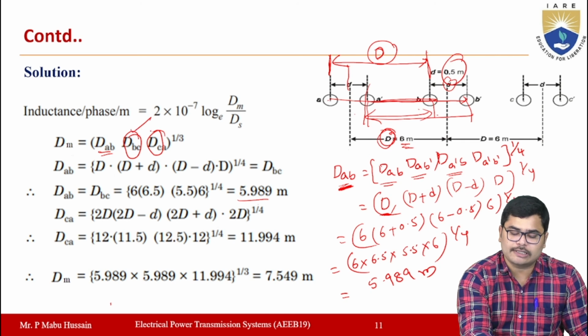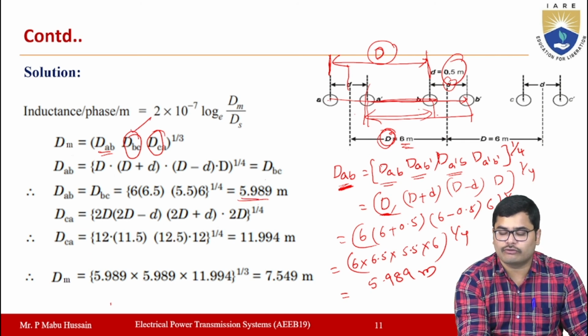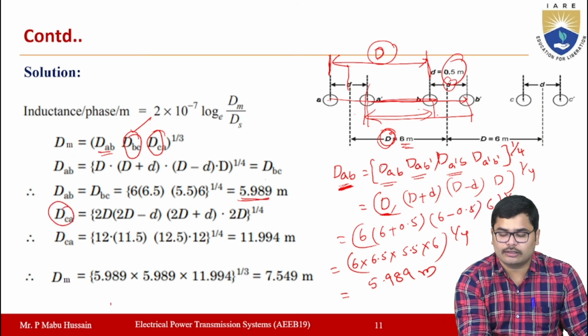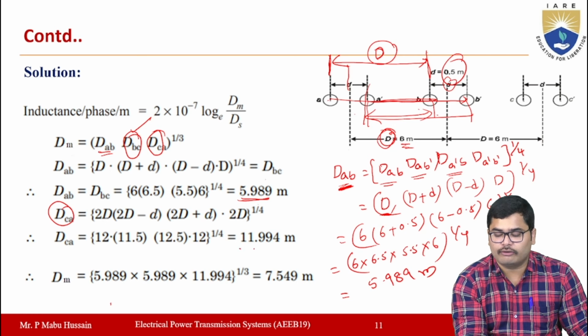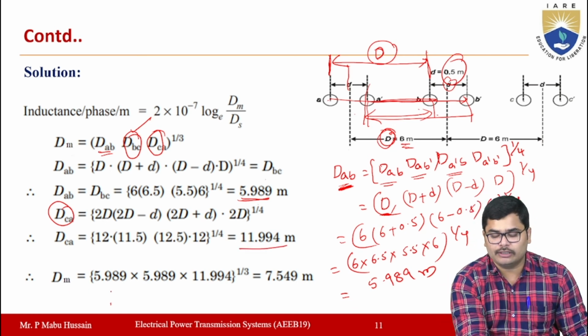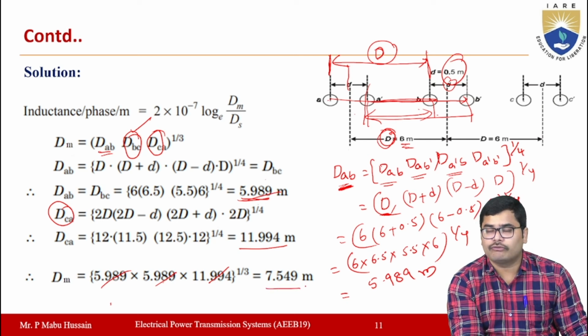DBC you will also get the same value, 5.989 meters, and DCA, if you calculate, the value will be 11.994 meters. Now the value of Dm will be DAB, DBC and DCA, all the values multiplied, whole to the power of 1 by 3, and you will get 7.549 meters here.